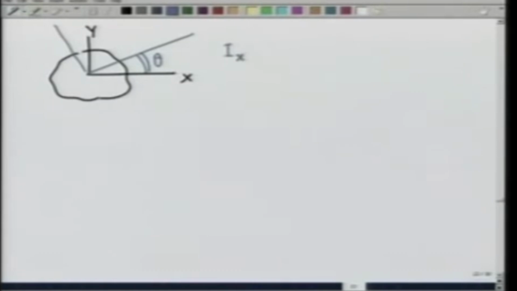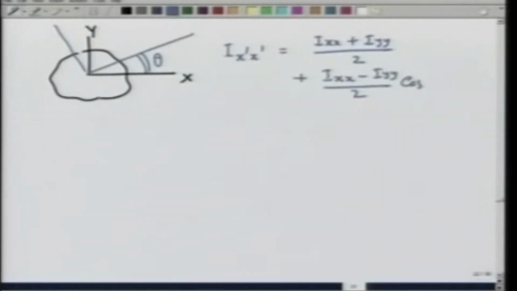I x prime is nothing but I x plus I y divided by 2 plus I x minus I y divided by 2 cosine 2 theta minus I xy sine of 2 theta.